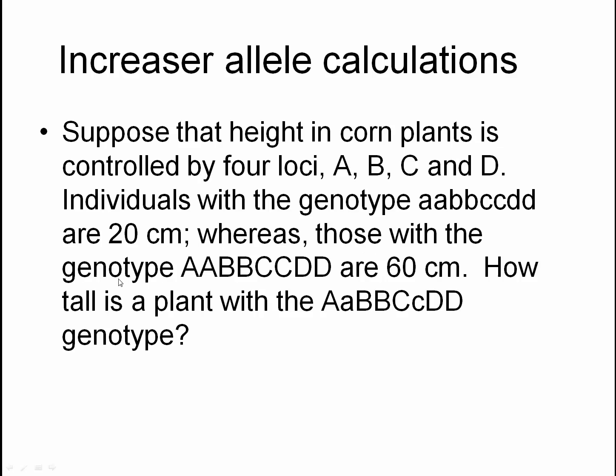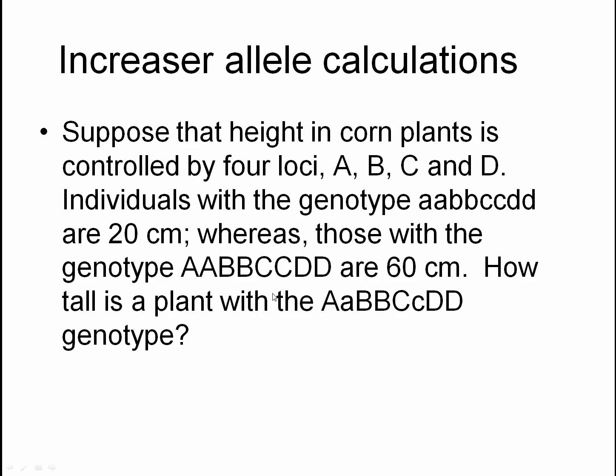Those individuals who have the maximum multilocus genotype for length would be homozygous big A, homozygous big B, homozygous big C, and homozygous big D.